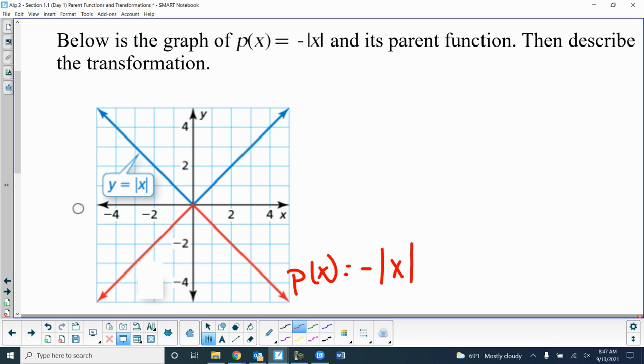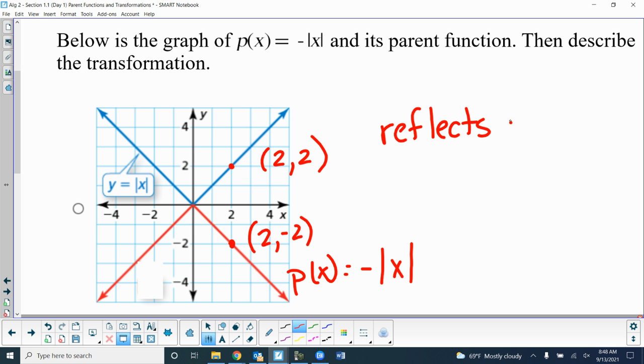There's our parent function, our parent V. So if I look at this point here, what point is that? 2, 2. And then I look at this point here, what's that one? 2, -2. It's being reflected about or across the x-axis.